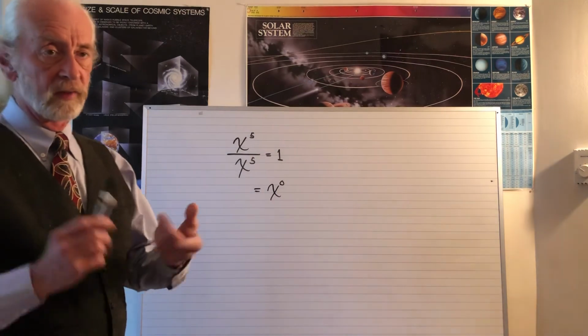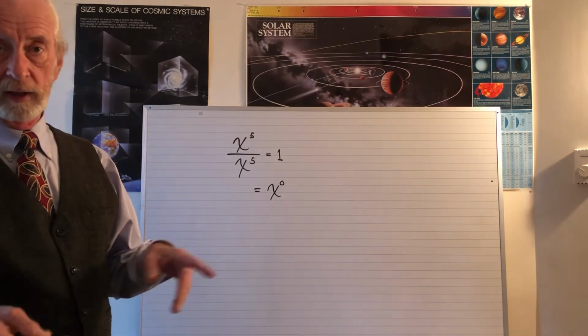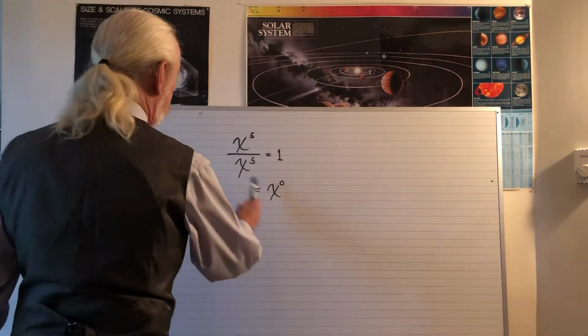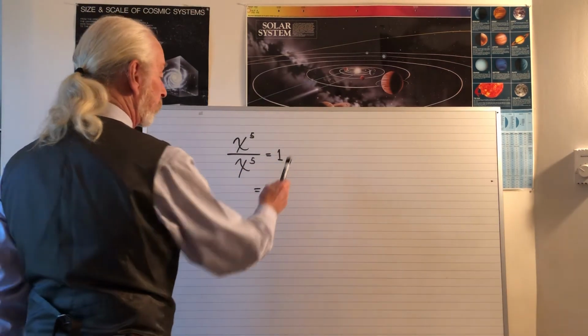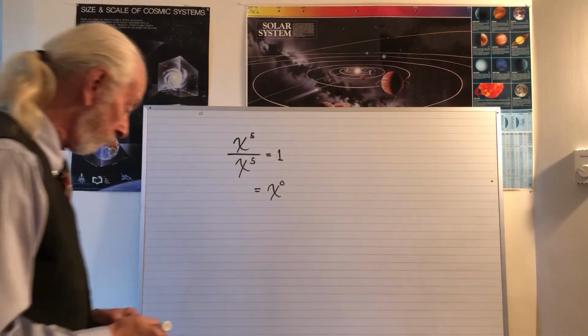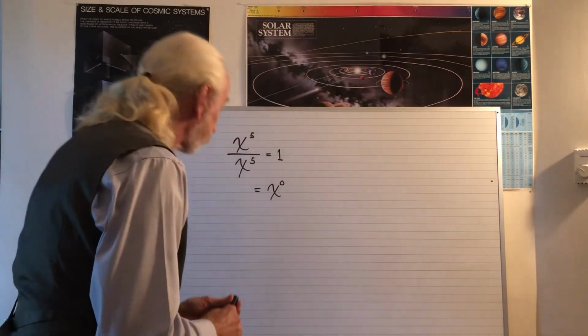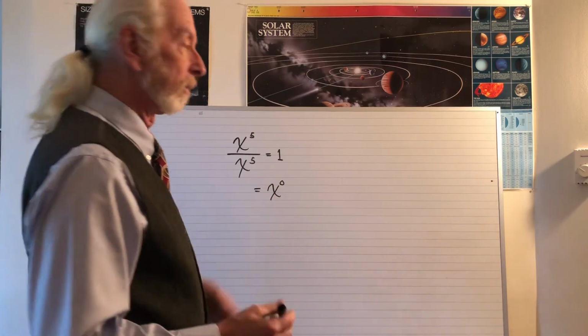And again, if a equals b, b equals c, then a equals c. This equals this, and this equals this, therefore this equals this. All right? So it doesn't matter what the number is.